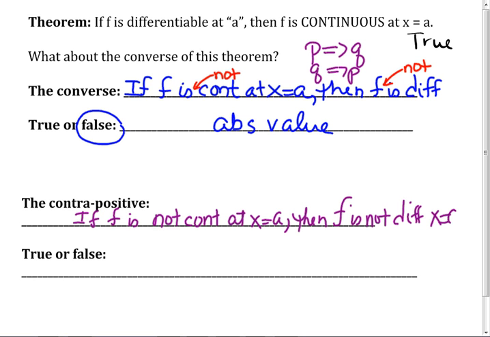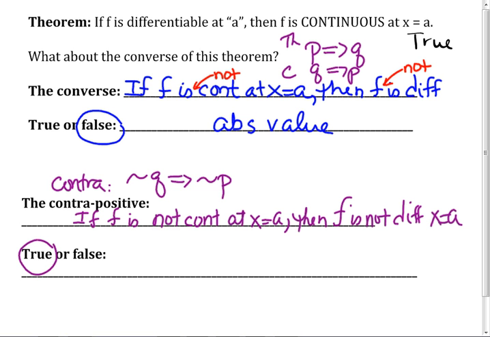Is that true or false? It's true. The contrapositive, the not, would be looking like this. So here's the theorem, here's the converse, and the contrapositive in that little symbol notation would be not Q implies not P. So if you take a logic course, they have these things called truth tables.